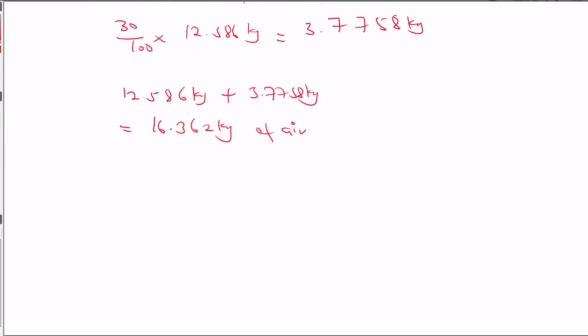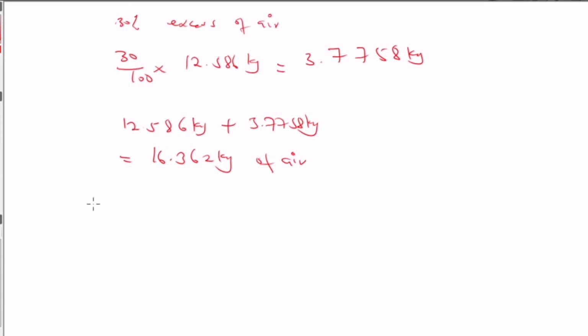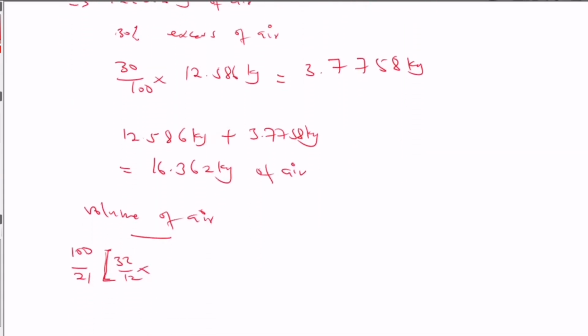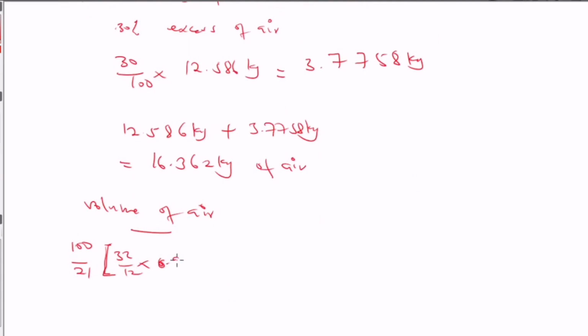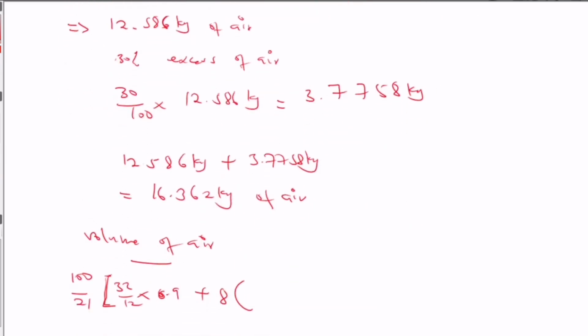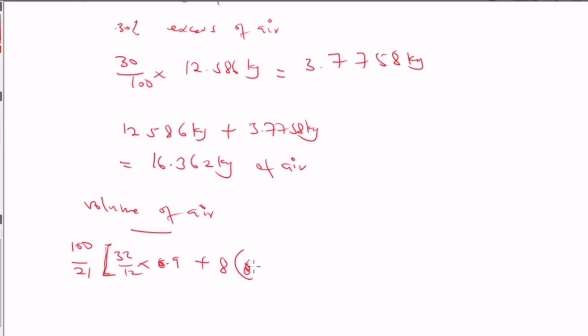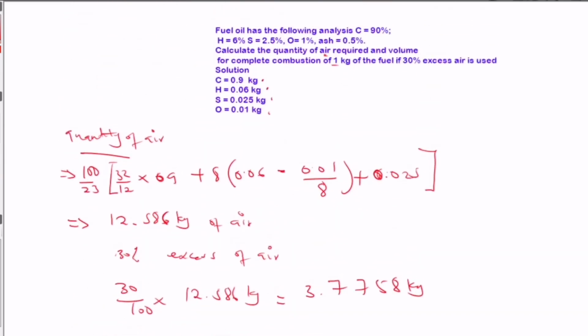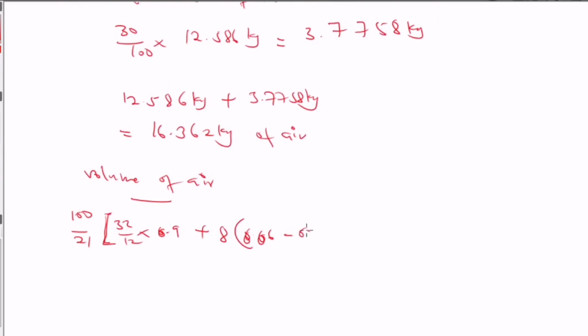With by volume, what you know is that the volume of air will be 100 over 21 brackets open, which will be 32 over 12 times carbon, which in this case is 0.9, then plus 8 hydrogen composition is 0.06, minus oxygen was given as 0.01, so 0.01 all over 8, then plus sulfur.